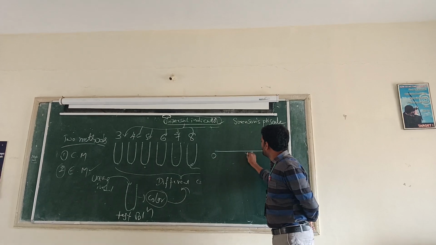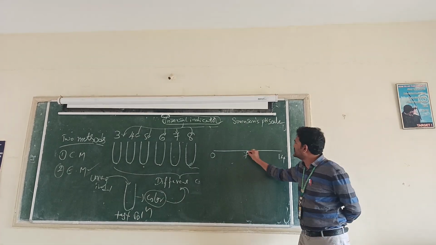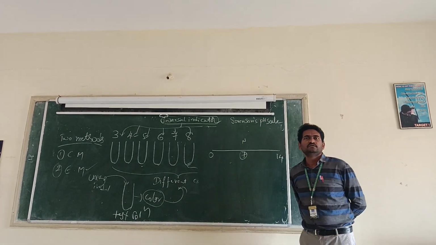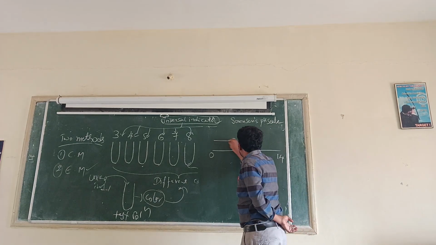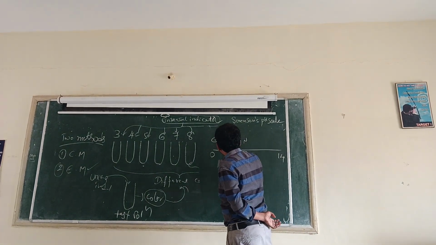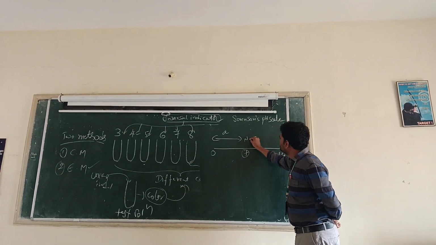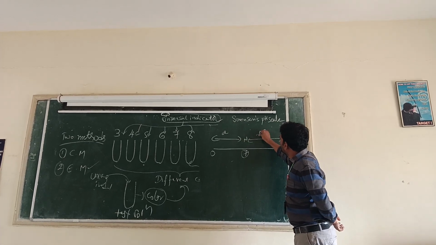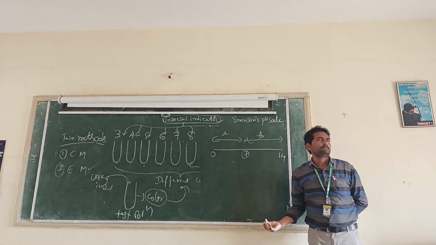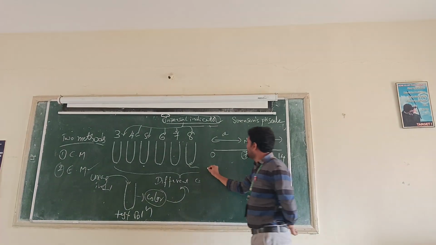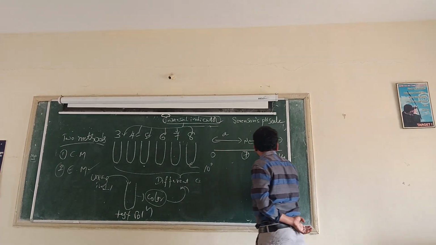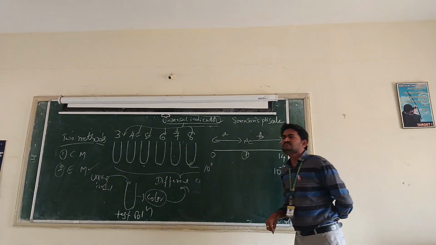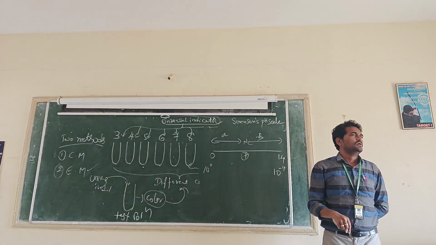In the center it has a value of 7, which is called neutral.